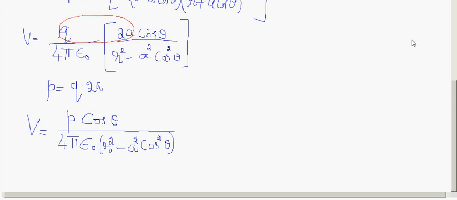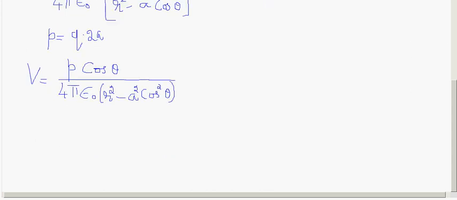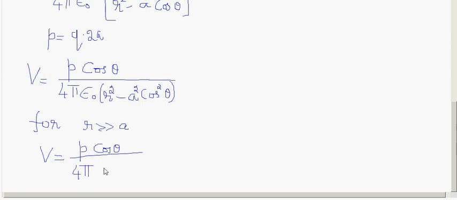Now if r is very much greater than a, we will take the case for r much greater than a. That is, if we are finding the electric potential at a point which is very far compared to a, V equal to P cos theta divided by 4 pi epsilon naught r square.